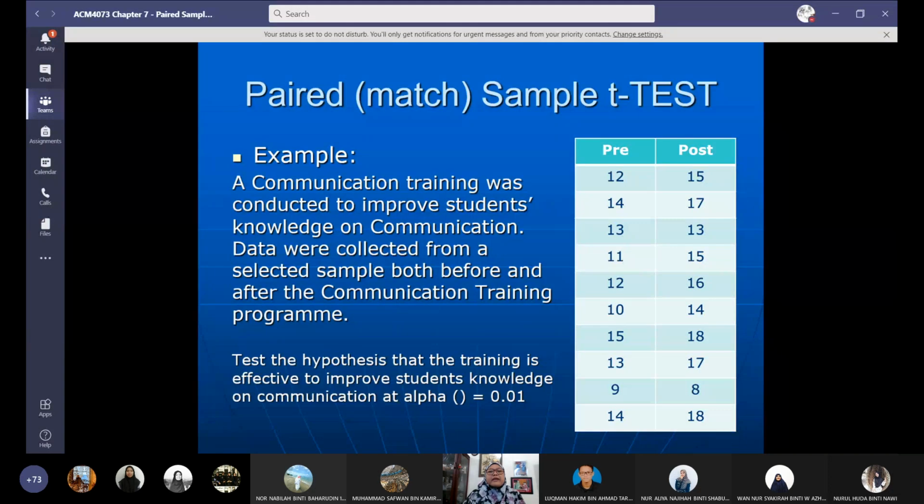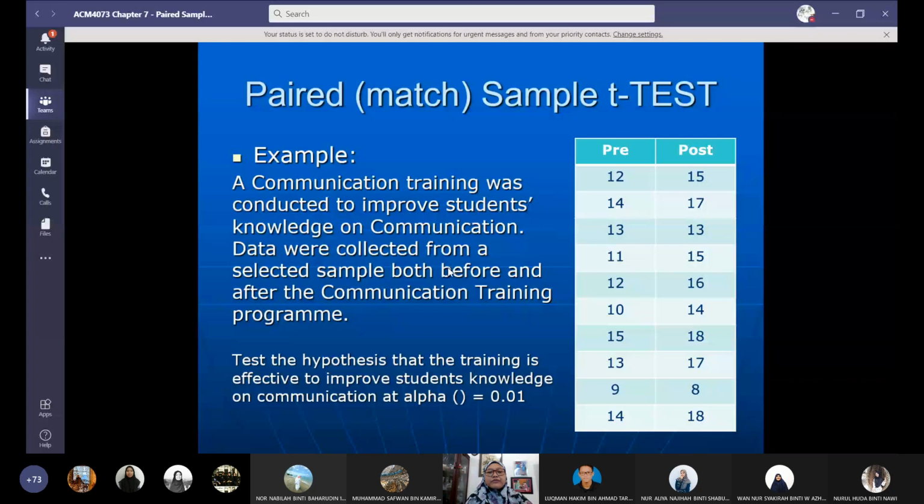Okay. Look at this paired sample t-test. This is an example of a paired or matched sample t-test. Assuming the analysis is about a communication training that was conducted to improve students' knowledge on communication.